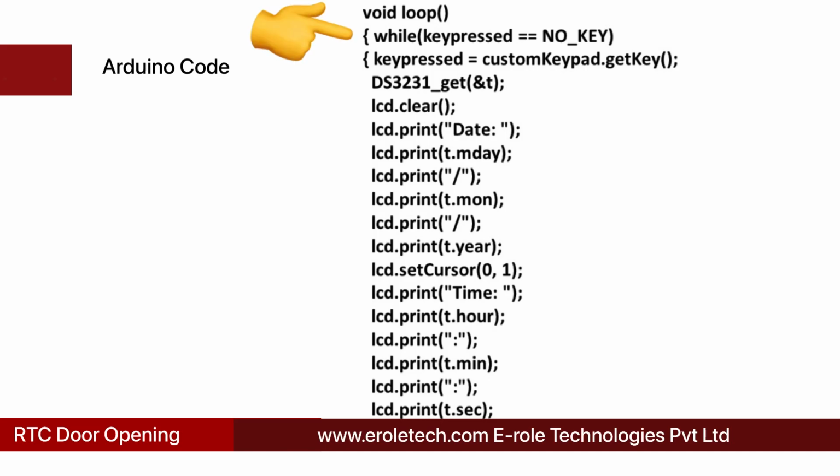While keyPressed equals NO_KEY, this loop will execute the code written inside the brackets till any key is pressed.